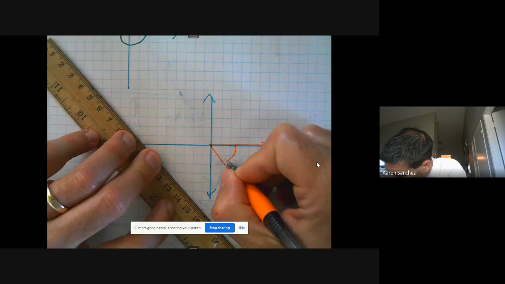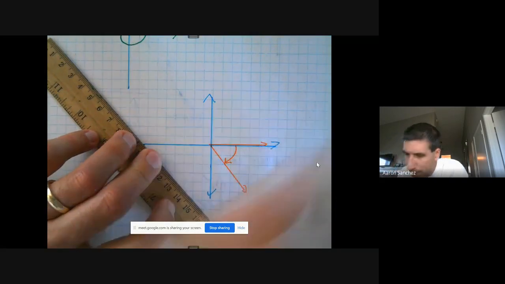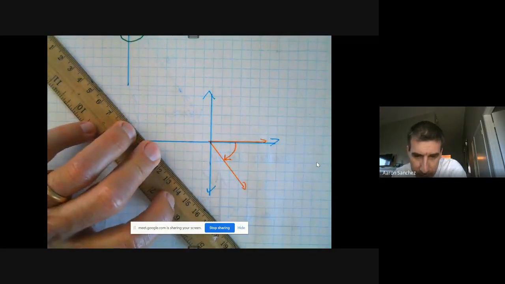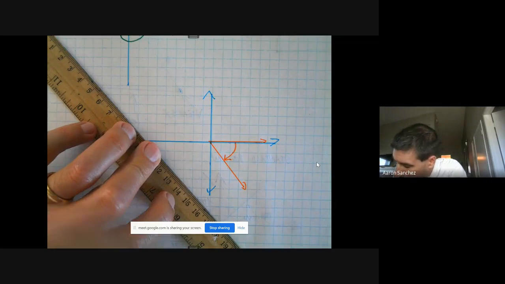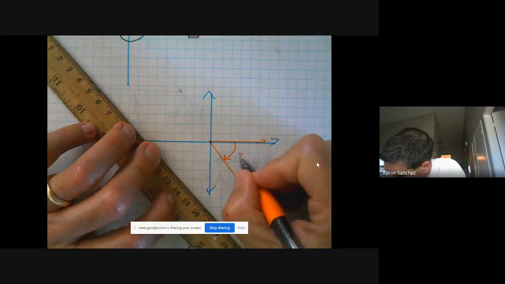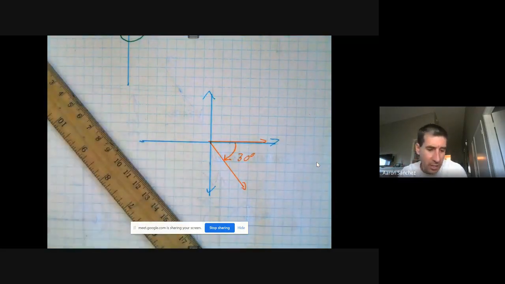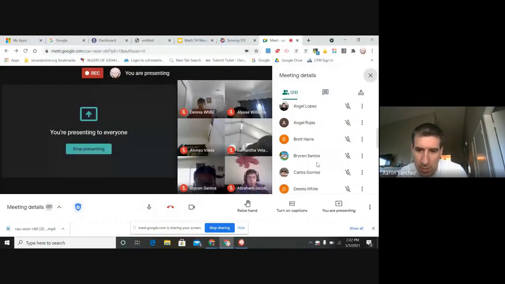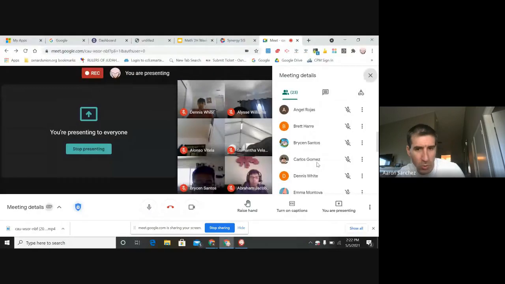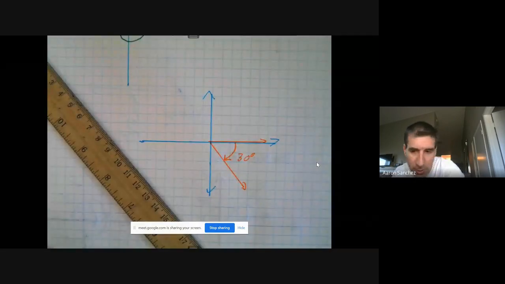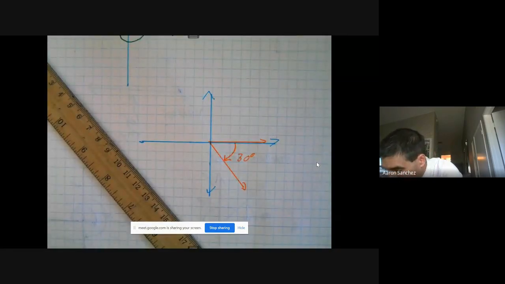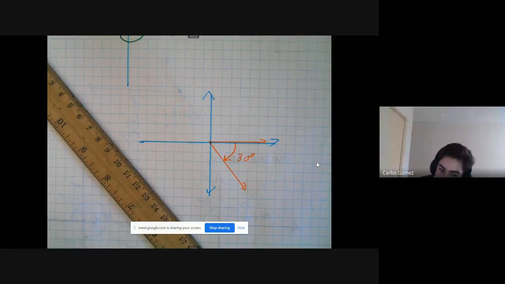Notice I'm spinning in the opposite direction. Okay? Now, let's say the distance between here and here is 30 degrees. What is the measure of that angle as we record it? What do you think the measure of that angle would be as we record it? Carlos, what would the measure of that angle be? Going backwards. 30?